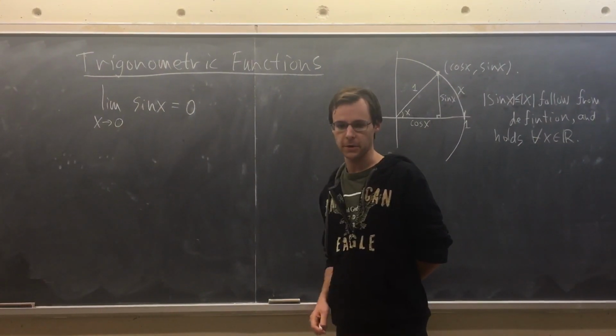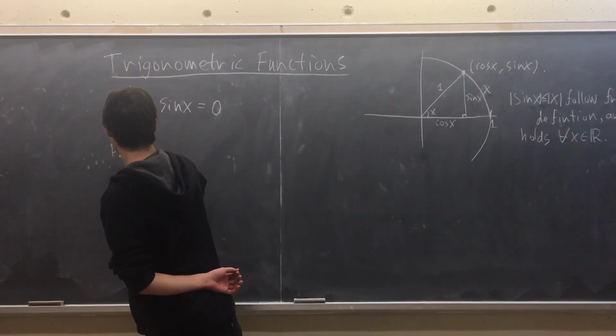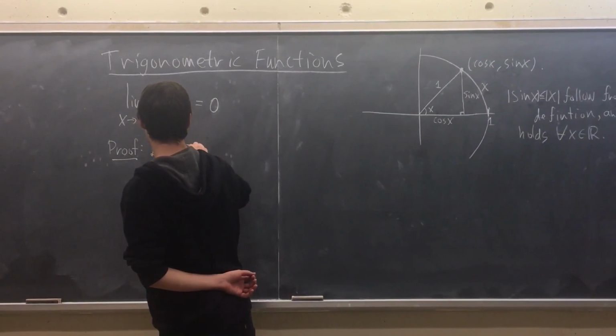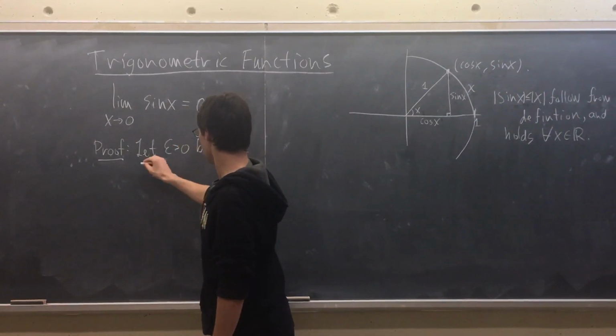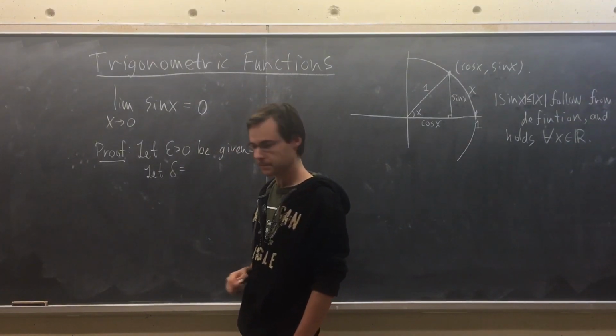So if you remember, first you begin with your let statements. So proof. Let epsilon greater than 0 be given. Let delta equal something.